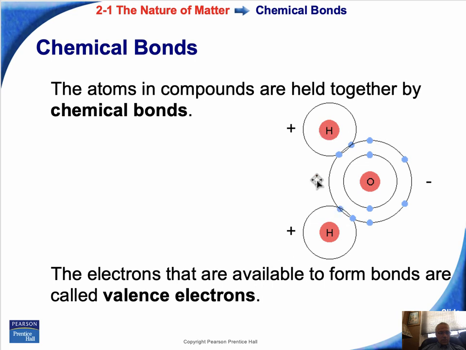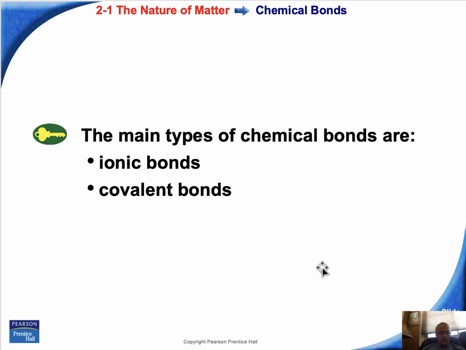So you see the water molecule again here. The bonds that are forming between the hydrogen and the oxygen atom in a water molecule are because of the attractions between those atoms and the valence electrons of the other atom. So ionic bonds happen when atoms give up or gain electrons and become positively or negatively charged particles.